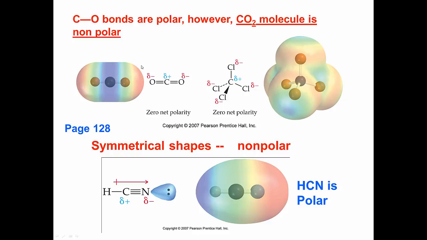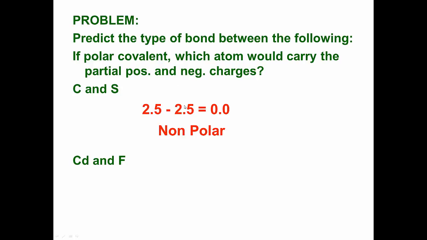Now, let's look at carbon dioxide. Carbon-oxygen bonds are very polar, but the carbon dioxide molecule is not polar. And that's because you have a linear molecule. Both these atoms, the oxygen atoms, are identical. They're both pulling the electrons, but in opposite directions. So the effect cancels.